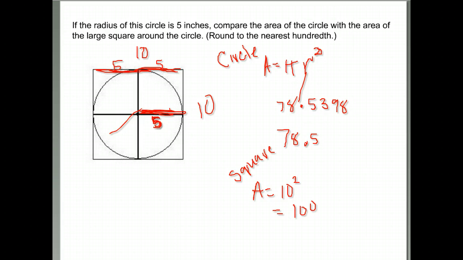Okay, well, we have a square that has an area of 100, and a circle that has an area of 78.5. So how much bigger is one than the other? How much bigger is the square than the circle? How many more square inches does it have?